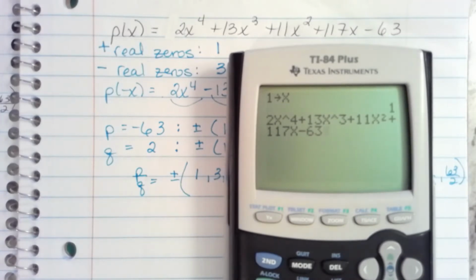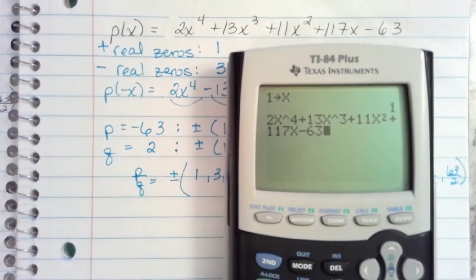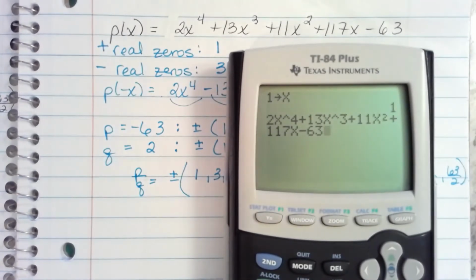Let me make sure I got that typed correctly. 2x to the fourth, 13x cubed, 11x squared, plus 117. I think it's right. So if we try 1, we get 80. Remember, we're looking for 0, and that doesn't work.